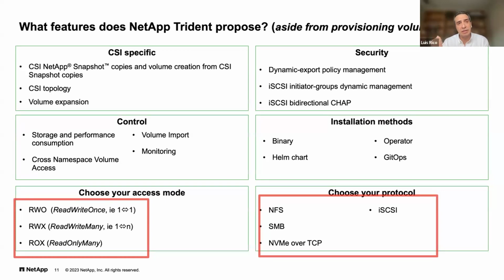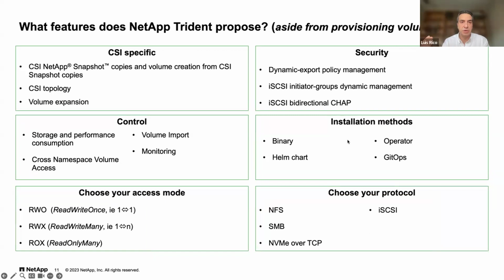In the latest release of Trident, 23.10, last October, we started providing NVMe over TCP, so we can now provide better scalability and performance for block storage, better than iSCSI. For the installation methods, we are able to deploy Trident in OpenShift clusters using Helm or an Operator.